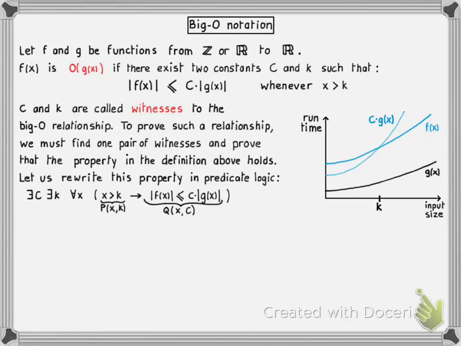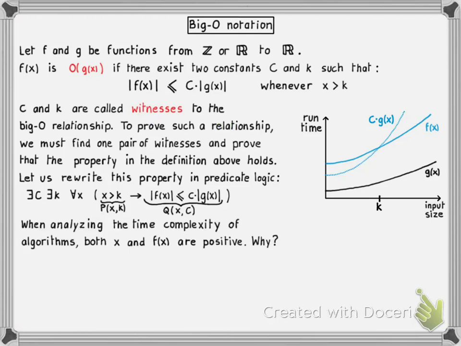From now on in this course, when using the big O notation, we are always going to assume that x is positive and that f of x and g of x are also positive. Now, why is that? Well, remember, I already mentioned that this definition applies to any numerical functions.